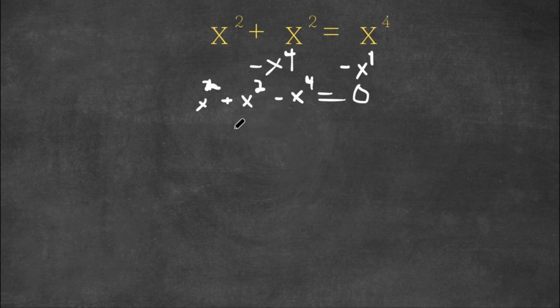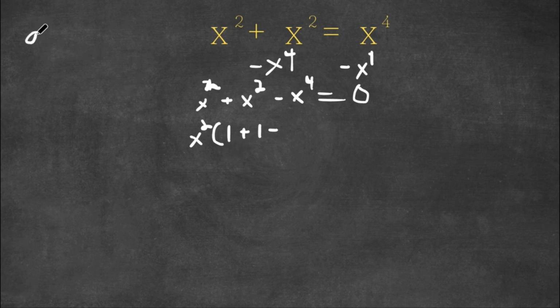Now what I'm going to do is factor out the greatest common factor of all these terms, which is actually x squared. So now we have x squared times x squared divided by x squared is 1 plus x squared divided by x squared is 1 minus x to the power of 4 divided by x squared.